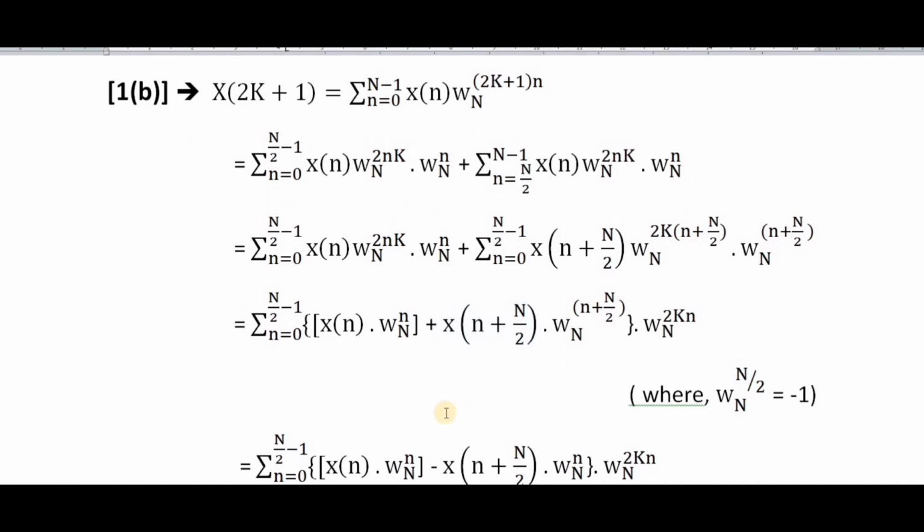I can take this W_N of 2nk common from these two terms, and these two get cancelled out. You will get e power minus j 2 pi value only, so this becomes 0. So you will get this equation.